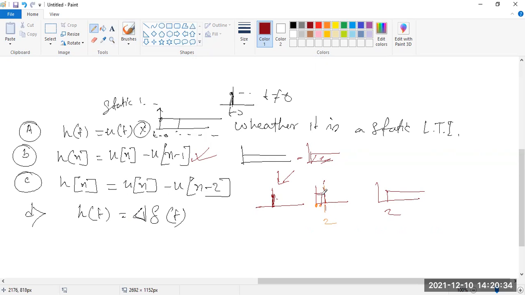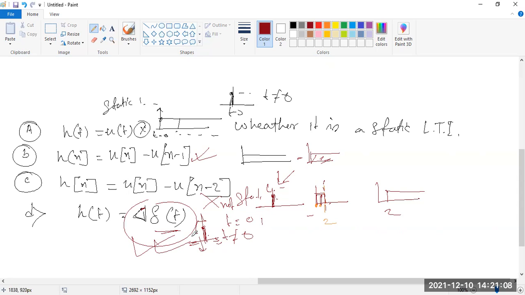So this is not a unit step function, so this is also not a static LTI. And this is a delta. Delta means an impulse function, so it is static. No other function is there when t is not equal to 0, only at t equal to 0, only one pulse is there. So this is also a static impulse function.